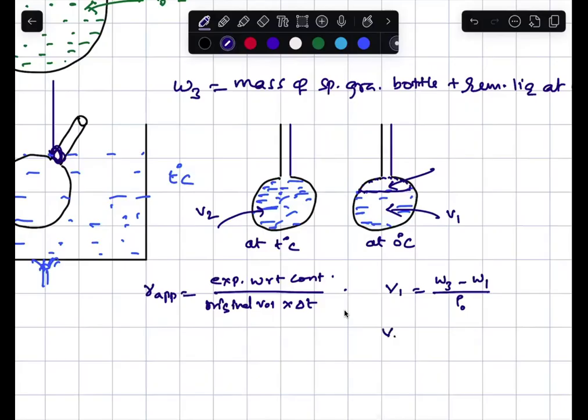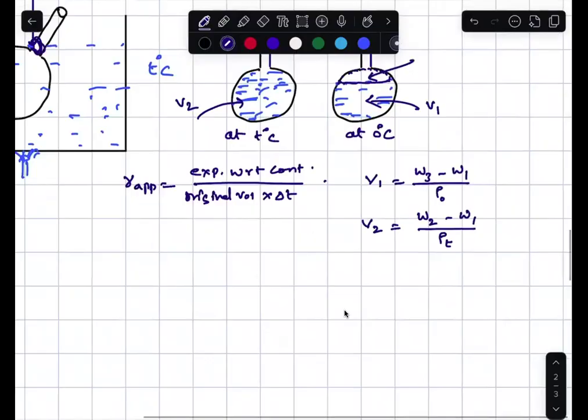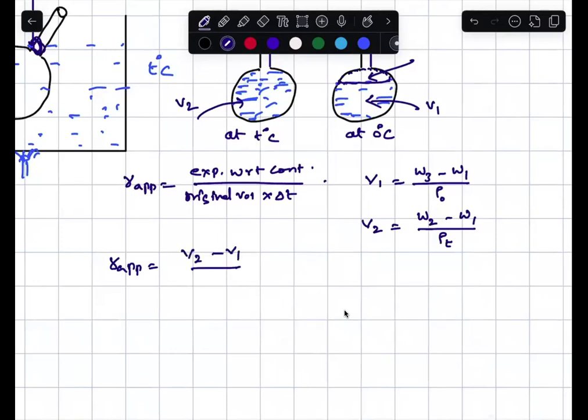What is V2? V2, by the way, is W2 minus W1 by rho T. Okay? Now, what is the gamma apparent formula? Gamma apparent is V2 minus V1 by V1 times delta T.